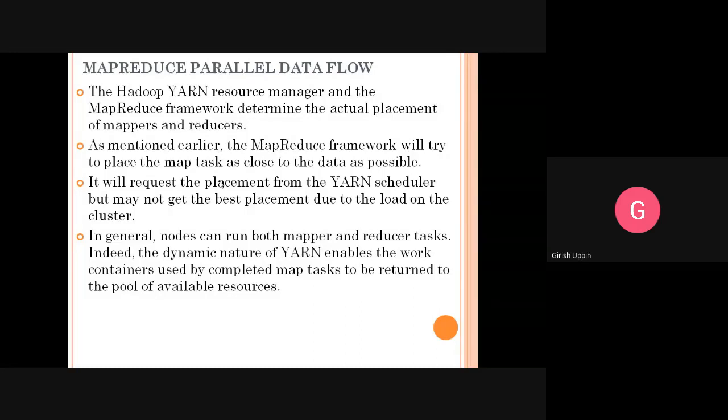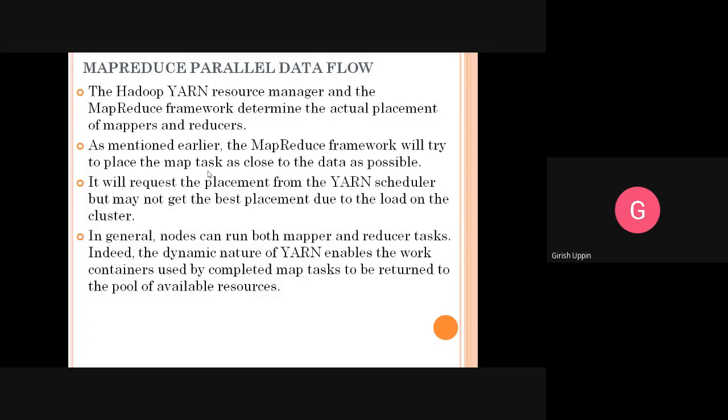As mentioned earlier, the MapReduce framework will try to place the map task as close to the data as possible. Depending upon the current status of each of the nodes, the map task will be chosen in such a way that it is very close to where the data is available.